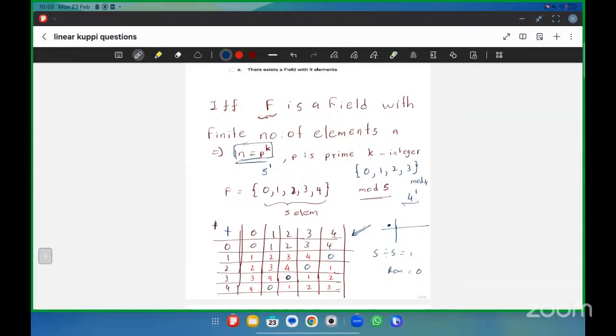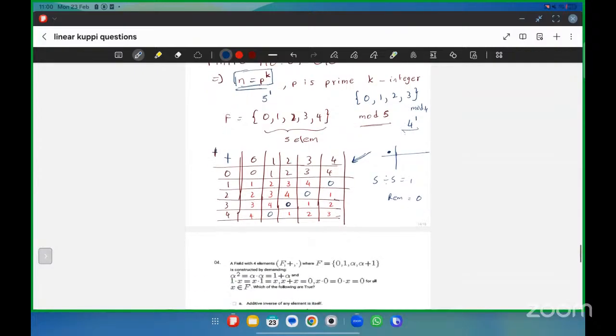What we can't tell is that these are the exact field, because of those elements in some particular set. What we can tell is that because of that number of elements, there is some field, and we can obtain some field with some operation. That's what we can tell.